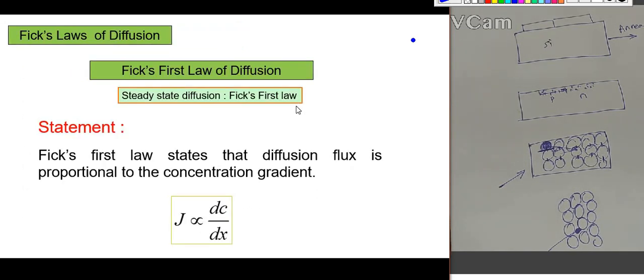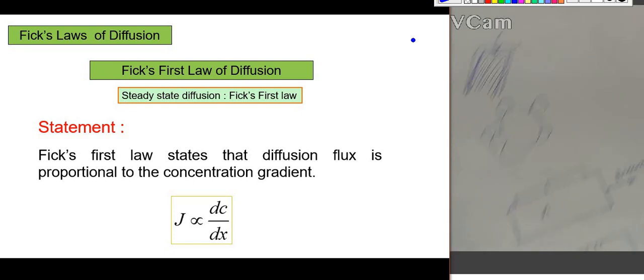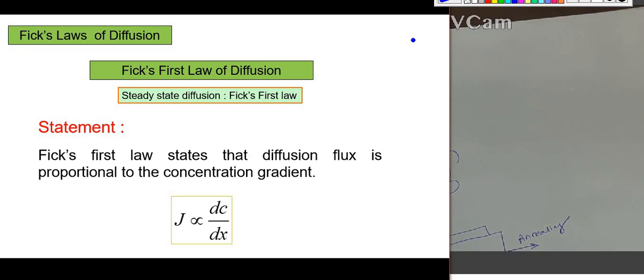And Fick's law is actually the governing law of diffusion, and we can compare Fick's law with two other important theories, that is, heat flow and charge flow. So I am going to explain these three and compare them.